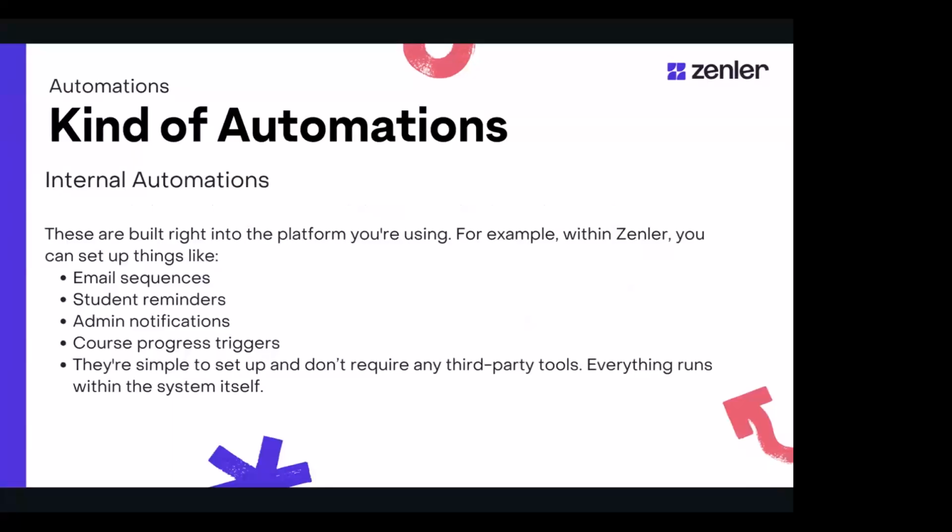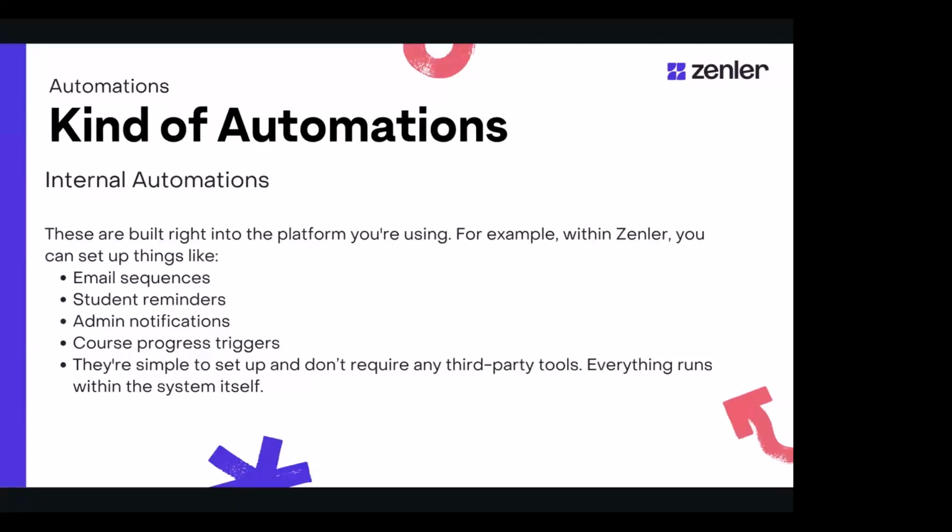One is internal automations. For example, in Zenler, and I'll show you in a moment, we have automations like email sequences. We have automations like student reminders, admin notifications, course progress, any and everything that you would want to know about.